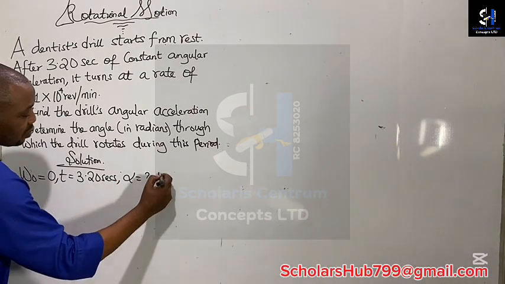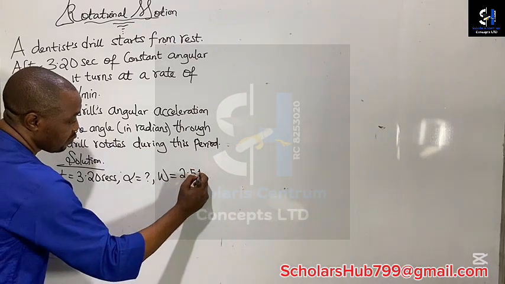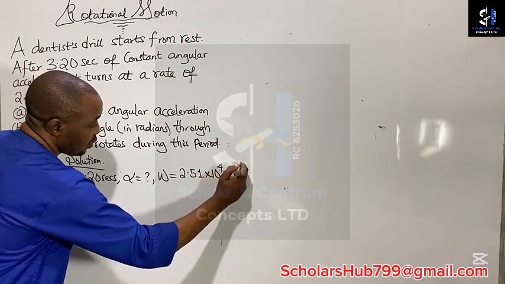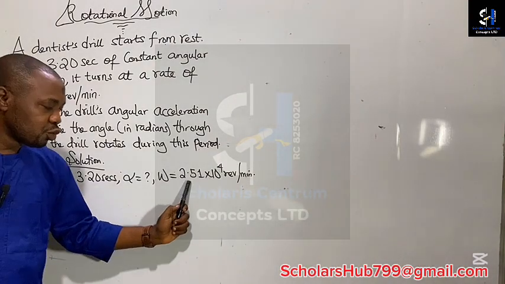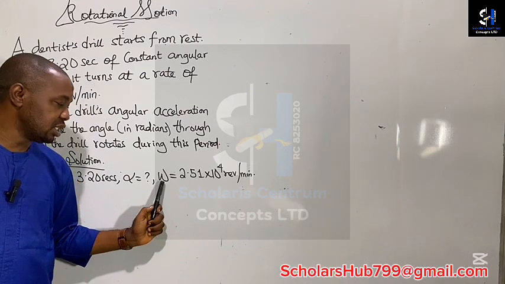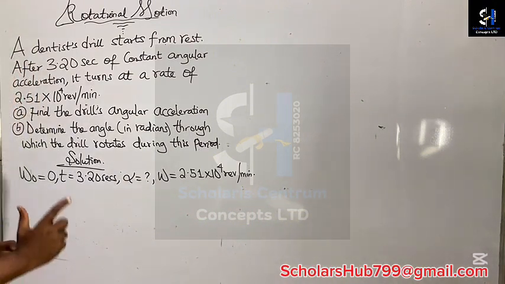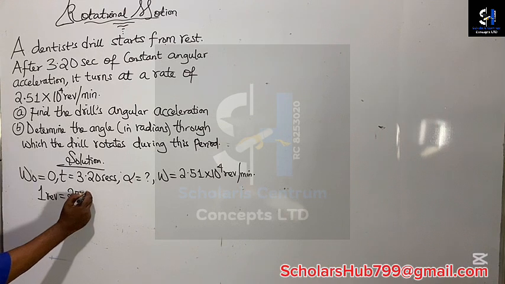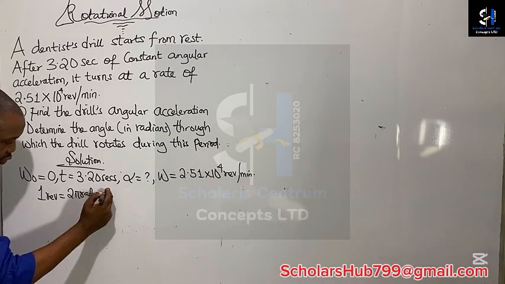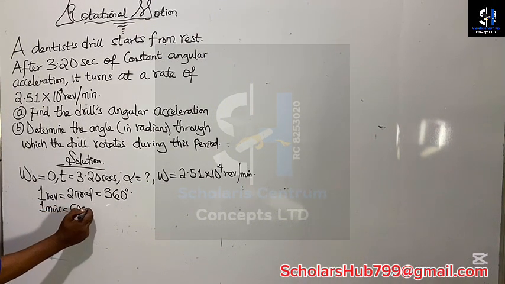Now, we're given the final angular speed to be 2.51 times 10 raised to the fourth revolutions per minute. We need to convert the final angular speed into rad per second. It is important to note that one revolution equals 2 pi radians, which equals 360 degrees. Also, 1 minute equals 60 seconds.